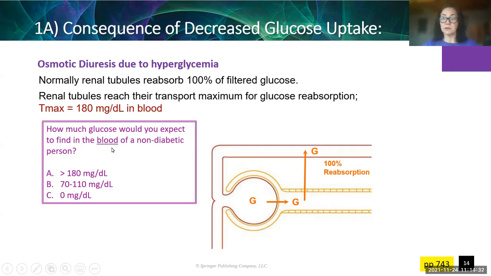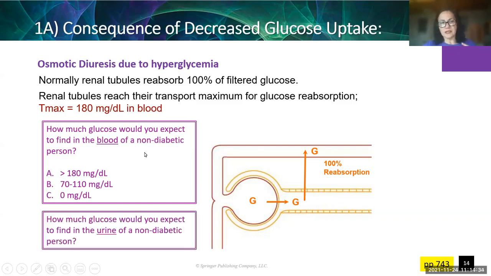Then I ask my undergrads, how much glucose would you expect to find in the urine of a non-diabetic person? Well, since their blood glucose should be in the normal range, some of it will come out into the filtrate and all of that should be reabsorbed. And so we should see 0 glucose in the urine.